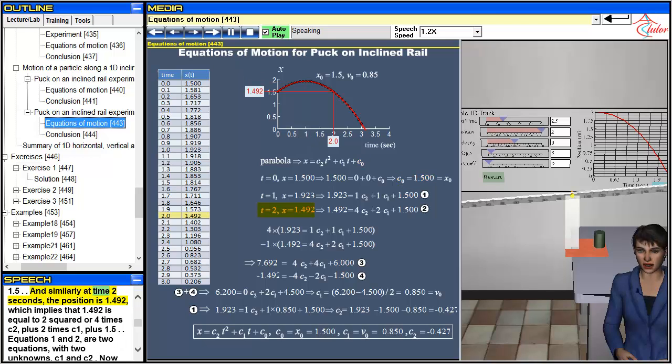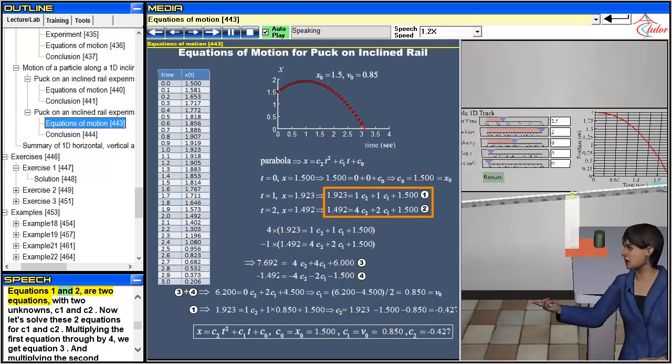And similarly at time 2 seconds, the position is 1.492, which implies that 1.492 is equal to 2 squared, or 4, times c2, plus 2 times c1, plus 1.5.